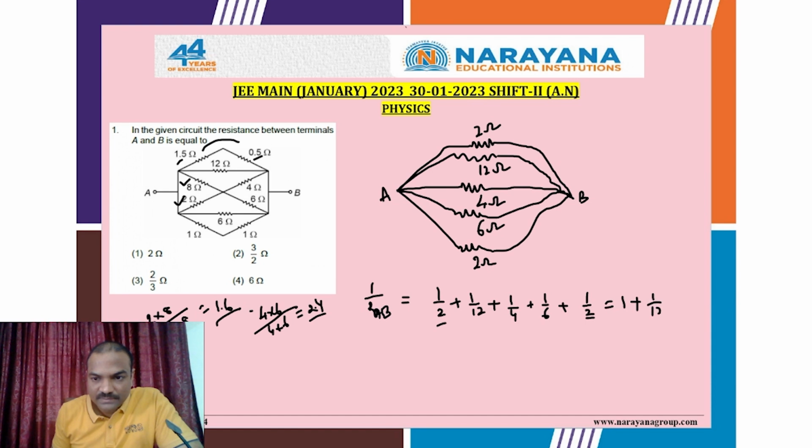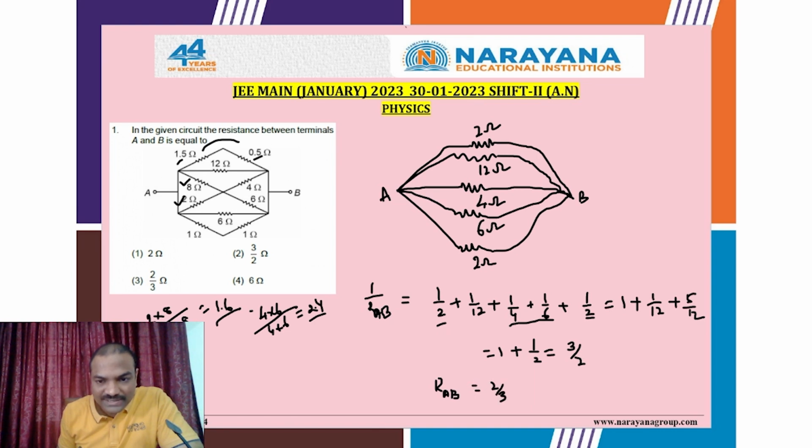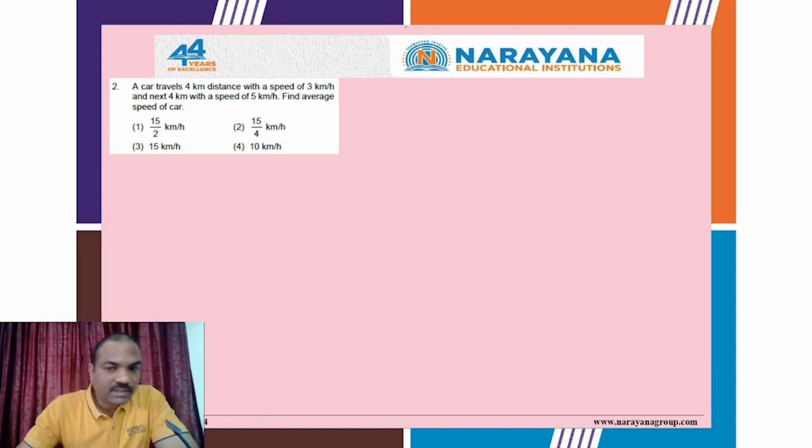Then 1 by 4 and 1 by 6, with simple mathematics and LCM, will be 5 by 12. So effectively its value will be 1 plus 1 by 12 plus 5 by 12, I mean 6 by 12, which is 1 by 2. Finally it is 3 by 2. 1 by RAB is 3 by 2, so the effective resistance between A and B is RAB equal to 2 by 3 ohm.